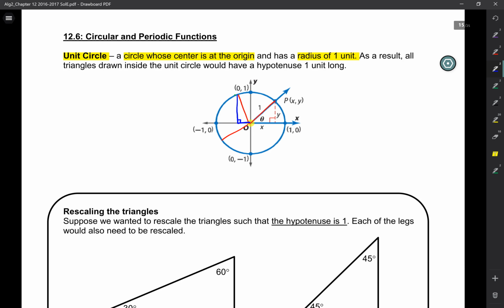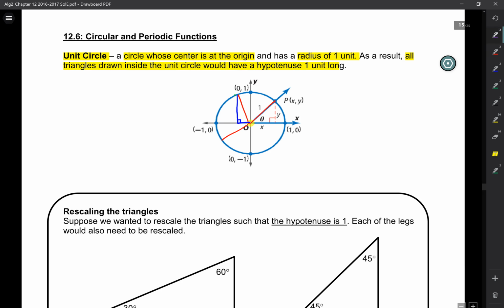Now, if the radius of the unit circle is always 1, that means any triangle I draw in there can only have a hypotenuse of how much? 1 unit, okay? So that's the important part. All triangles drawn inside the unit circle would have to have a hypotenuse 1 unit long, okay?